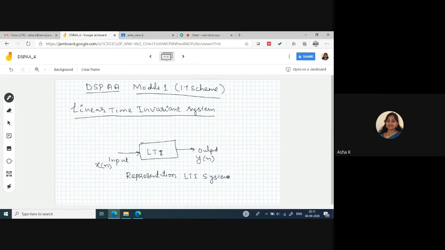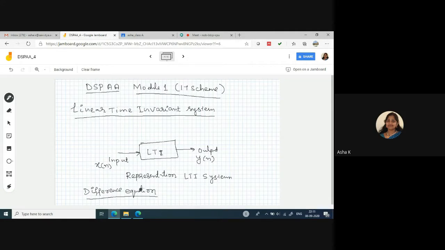A time domain representation of an LTI system is done using a linear constant coefficient difference equation. So how do we represent the system? We represent this system by using a difference equation. By choosing the difference equation, I can represent the linear time invariant system.